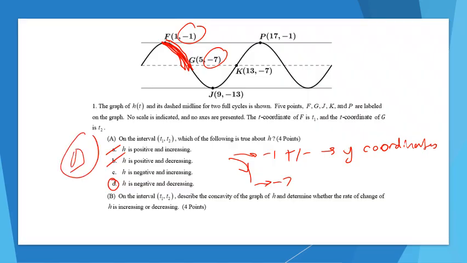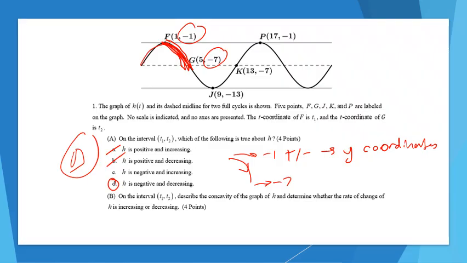For part B, a lot of people missed this one, which I was a little shocked by in the quiz. Determine the concavity and determine whether the rate of change is increasing or decreasing. You don't need to write that much, and there's a lot of wording that people had that was really unique that was also marked as incorrect. So this is the wording that you want.